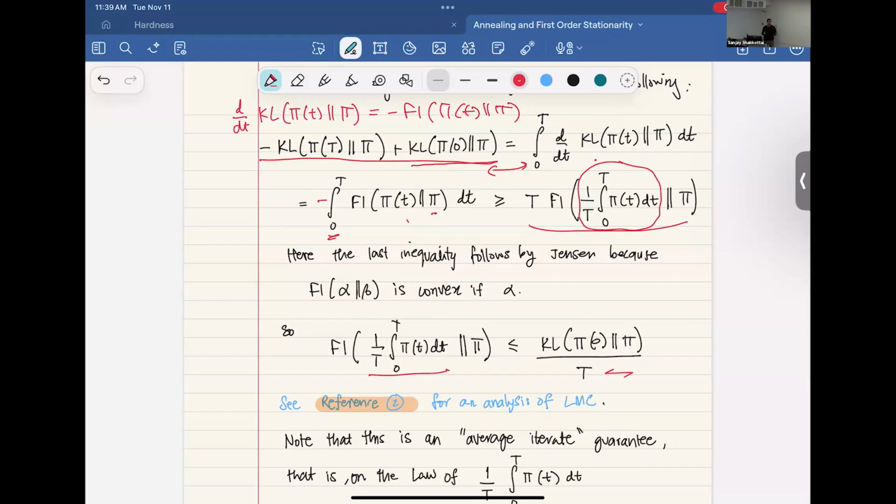So I run this for time t, and my Fisher divergence goes as the KL distance of where I initialize, down to 0 at rate 1 over t, right?